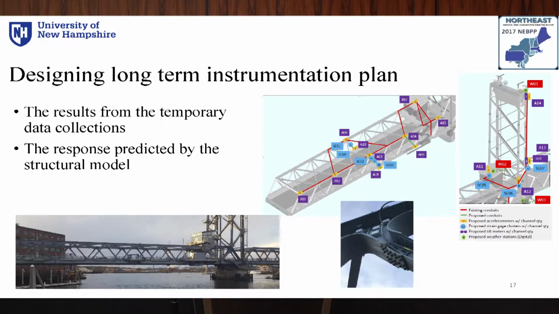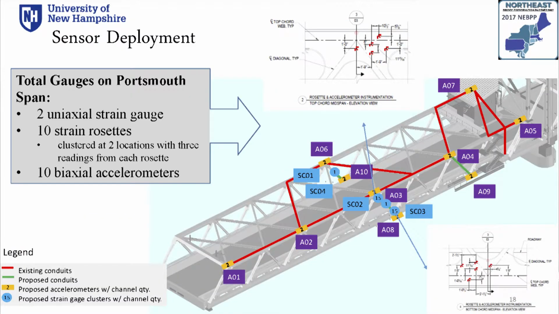Different types of sensors are selected and installed permanently on the bridge. For example, for the south span here, you will see that 2 uniaxial strain gauges are used, 10 strain rosettes are used, which measure the strain data in 3 different directions, and 10 biaxial accelerometers are installed along the top chord of the bridge.